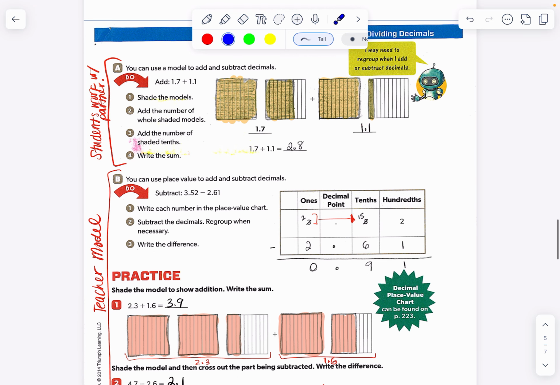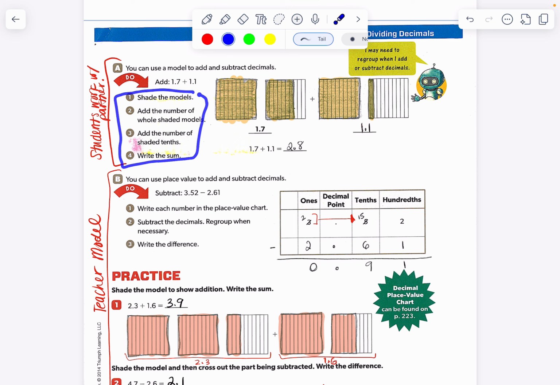And then for the lesson on subtraction and addition, you are going to work on letter A and letter B. Some students may be able to already solve letter A, so you definitely can release them into maybe a 2-minute turn and talk to see what type of model they believe correlates with 1.7 plus 1.1, 1 and 7/10 plus 1 and 1/10.